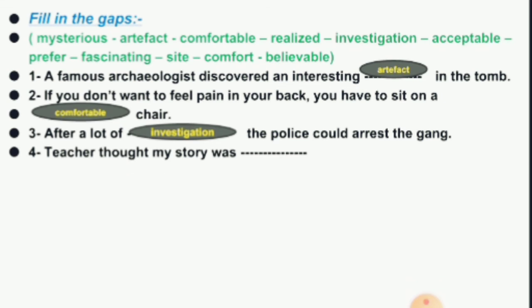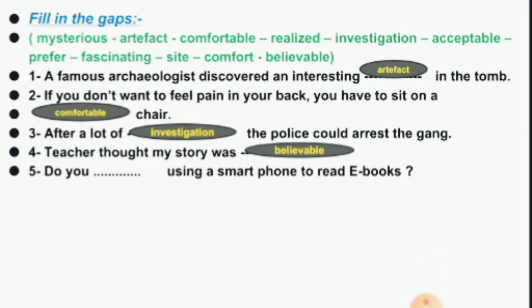Teacher thought my story was believable. Number 5. Do you using a smartphone to read ebooks? Prefer. Excellent. So let's continue.